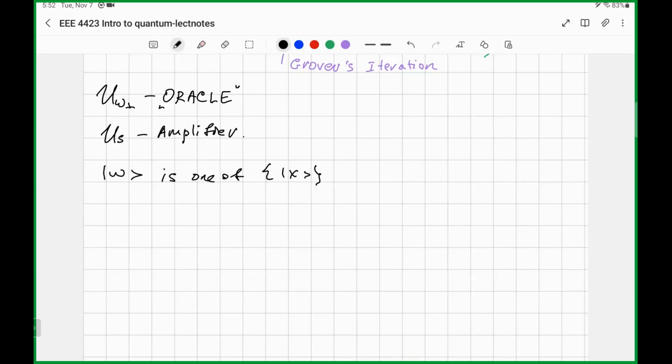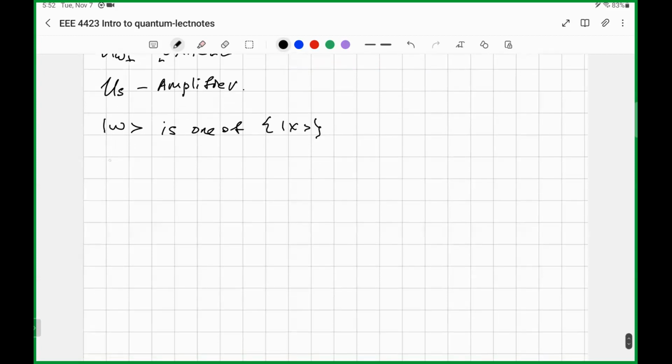At the same time, we know that the state vector S is the vector of superposition of all these states x, right?